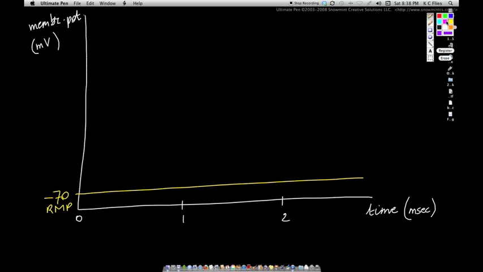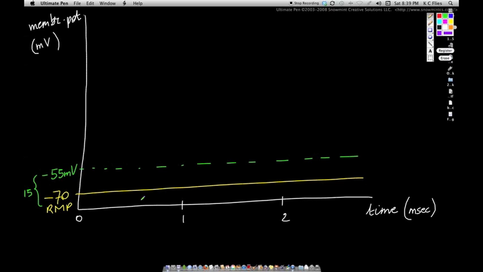Let's indicate by green and a dashed line the threshold voltage of minus 55. Again, we see a difference of 15 millivolts between minus 70 and minus 55.